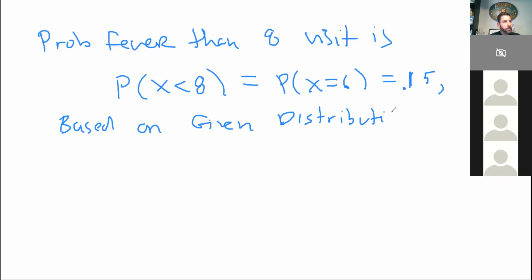Now, if I had a different distribution, perhaps I had one that used all visitors, 6, 7, 8, 9, 10, 11, it would be slightly different.